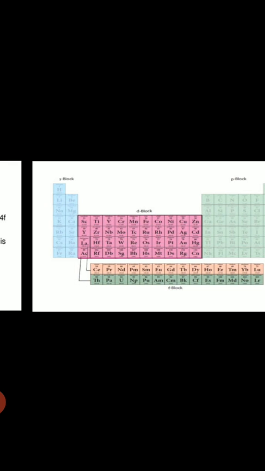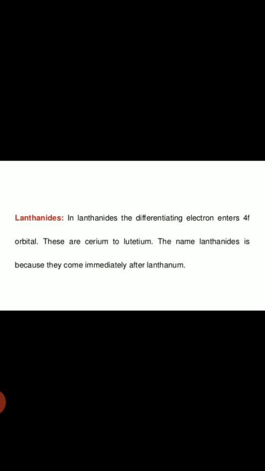Now in the lanthanoids or the lanthanides, the differentiating electron enters a 4f orbital, and these include elements from cerium to lutetium, right? There are 14 elements in the series starting from cerium, that is Z equals 58, and ending with lutetium.